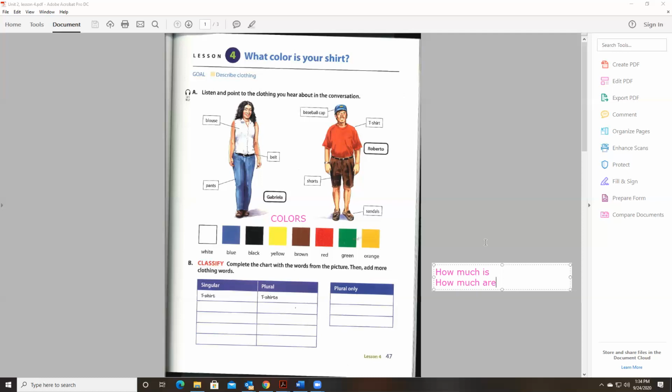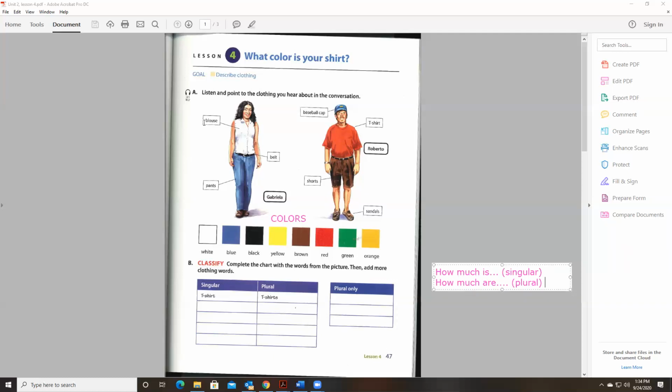Okay, and remember we talked about how much is something you use with a clothing item that is singular. How much are is a clothing item that you use with something that is plural, right? Okay, there are a few items that are always going to be plural. So first things first. All right, let's get the word blouse.